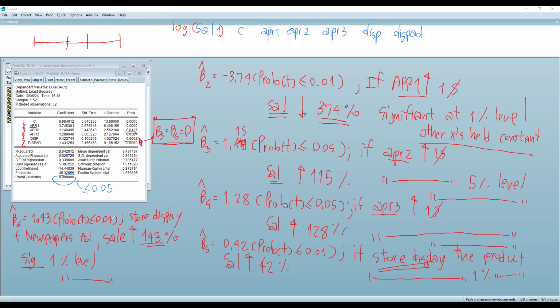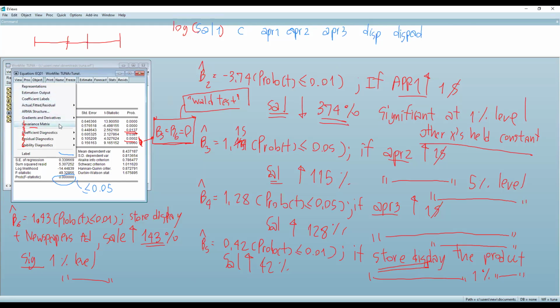Yes, so you have to use the Wald test. Please remember this word, Wald test. Click on your model to be viewed, then Coefficient Diagnostics, Wald Test.